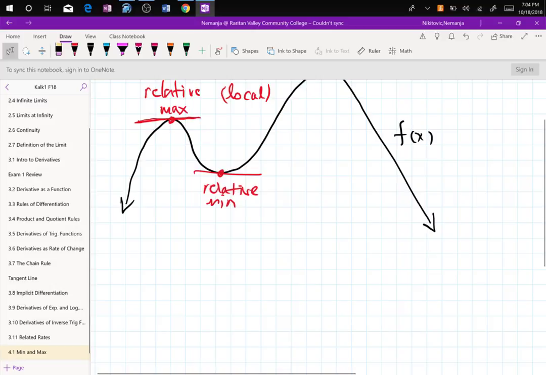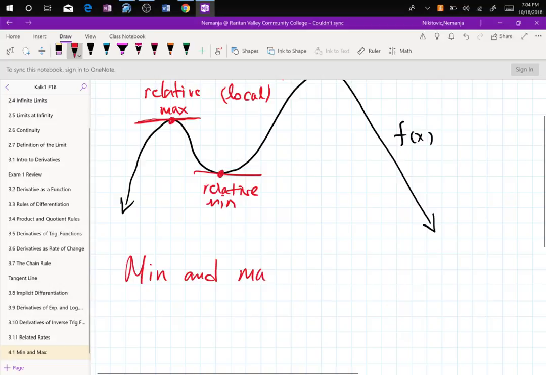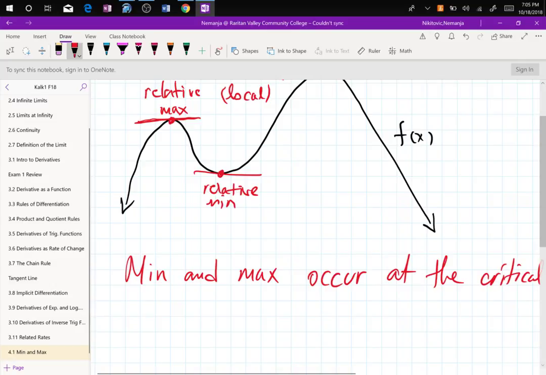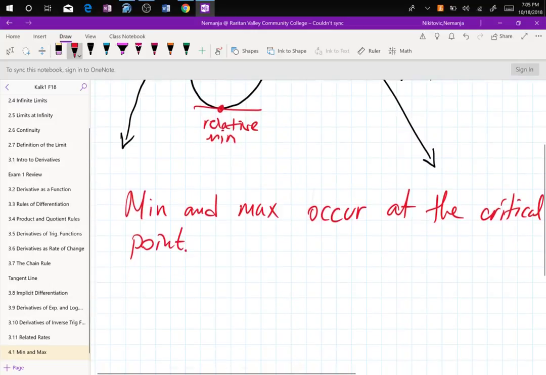So, the first statement is that min and max occur at the critical point. So that's the first statement that we need to know. And now the way to calculate the critical point.